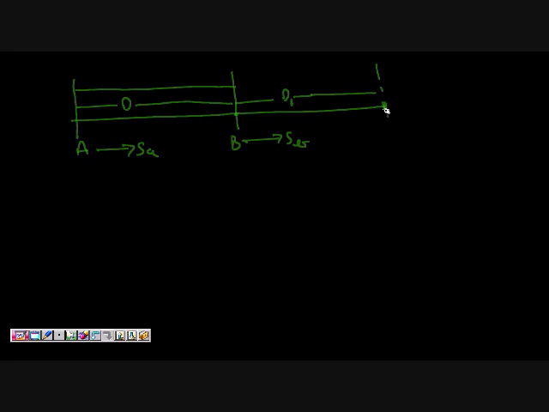That means A has to travel the distance D, which is the distance between these two stations A and B, plus the distance D1. So A has to travel distance D plus D1 to meet car B.